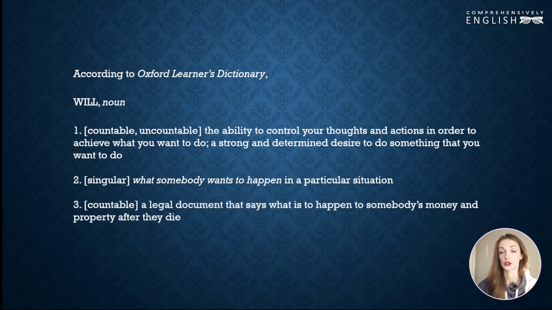And a will is also a legal document that says what is to happen to somebody's money and property after they die. A will is a countable noun. We are not talking about the third one now. I want to draw your attention to number 2, what somebody wants to happen. To understand the modal verb will, you should remember this meaning of the noun will. What somebody wants to happen.